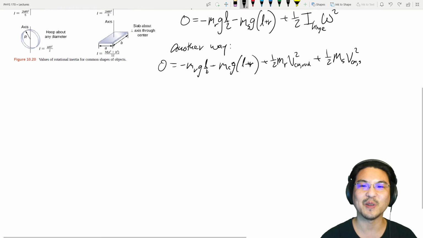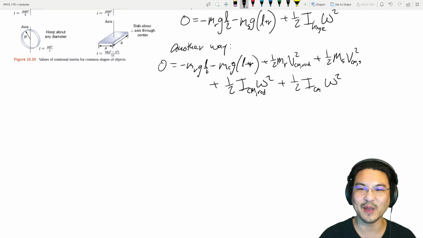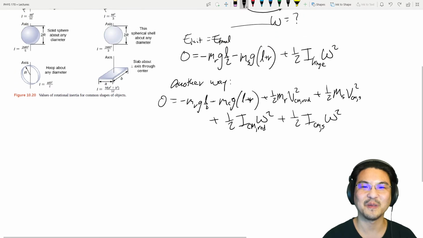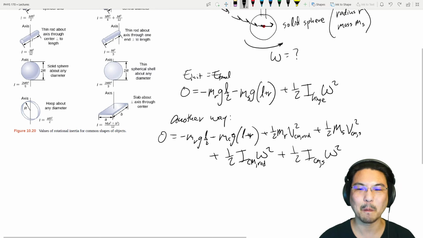So we need two extra terms: plus 1/2 I omega squared for the center of mass of the rod, plus 1/2 I omega squared for the center of mass of the sphere. Okay, so whichever way, we still need some information.